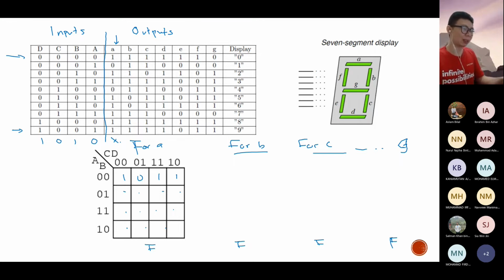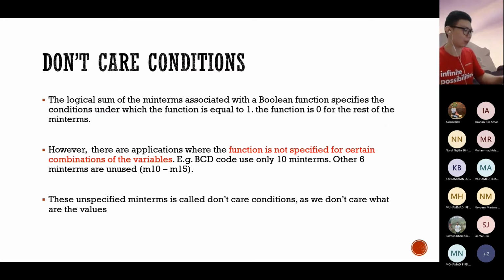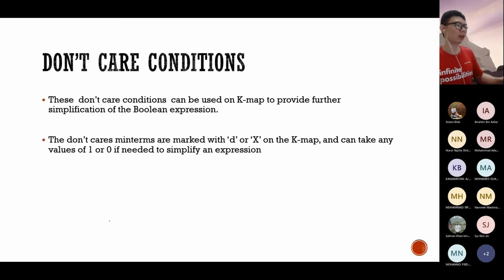Let's take a look at some concrete examples later on. These unspecified minterms are called don't care conditions, because we don't care what the values are. Don't care conditions can be used in the K-map to provide a simpler expression.